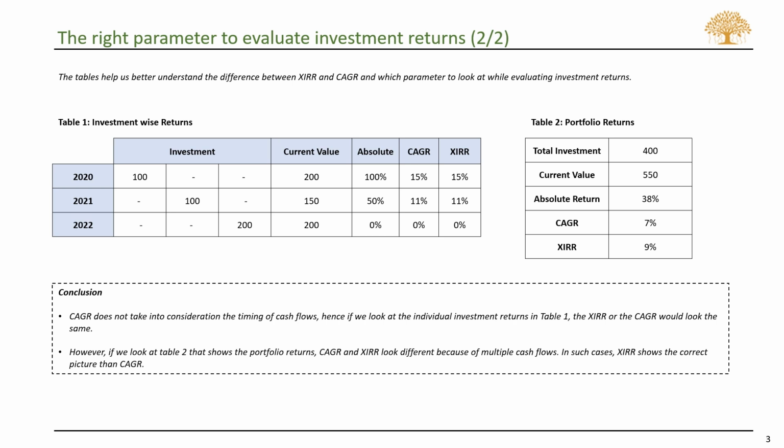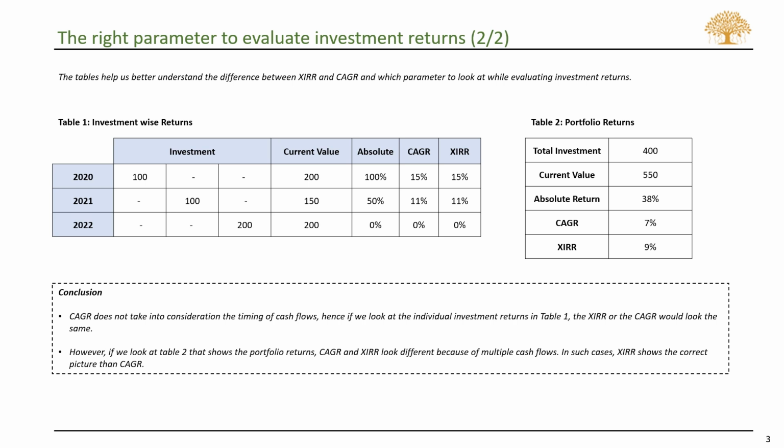In 2021 we invested another 100 rupees and the value as of today stands at 150. In 2022 we invested 200 and that stands at 200, for example. Ignoring the absolute returns for once, the CAGR and the XIRR remain the same: 15% for 2020, 11% for 2021 and 0% for 2022, because there is no return.